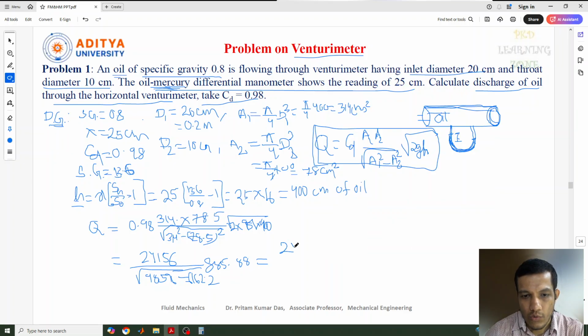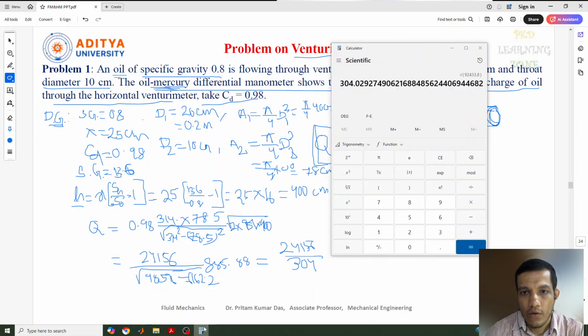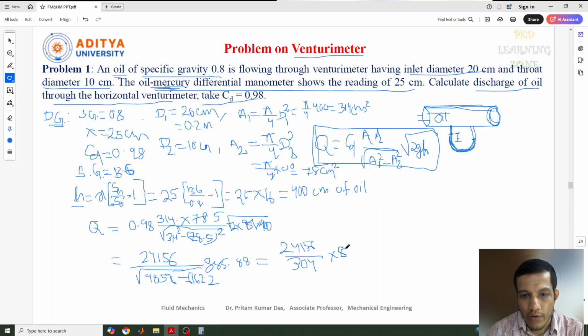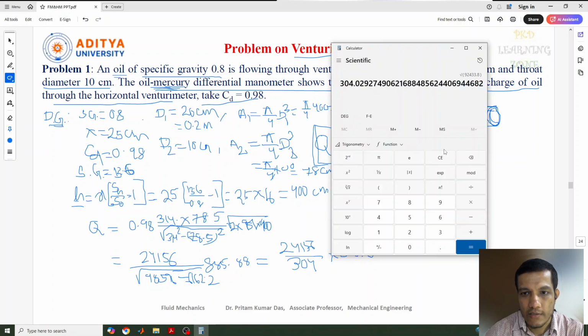So 24156 divided by 304, into 885.8. Let's see how much it is coming. 24156 into 885.8 equal to this one, divided by 304.